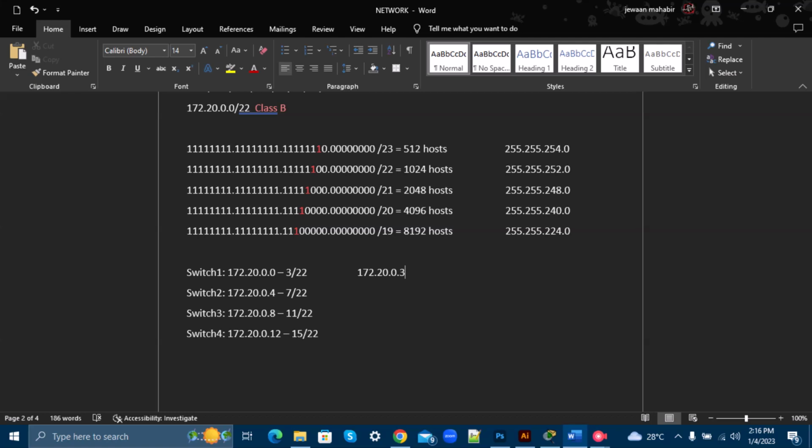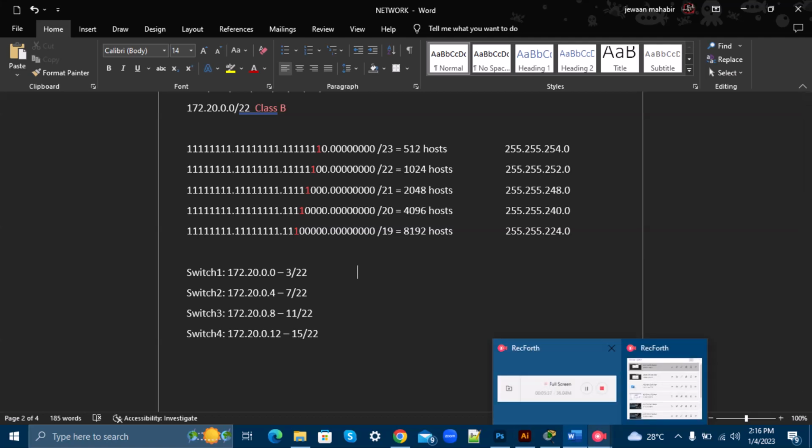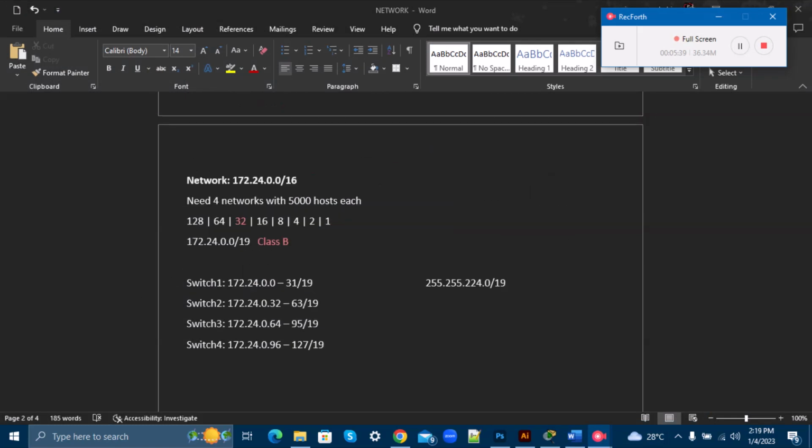Now all values in between are going to be your usable hosts. So for this next network, it will be the same procedure as the previous network.